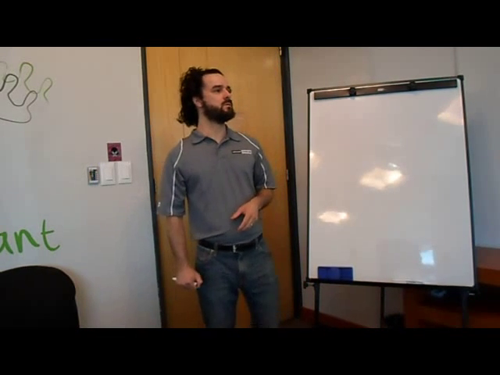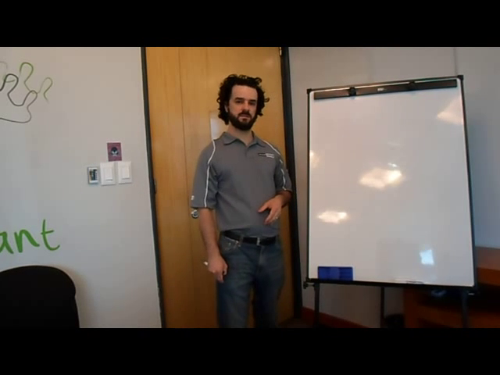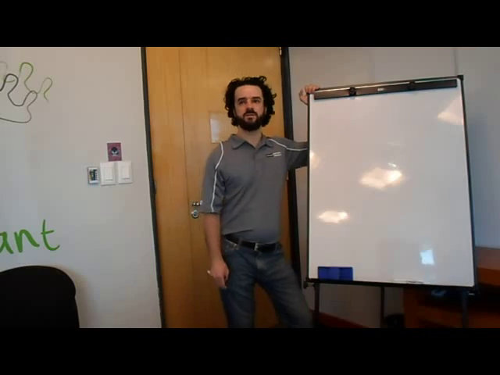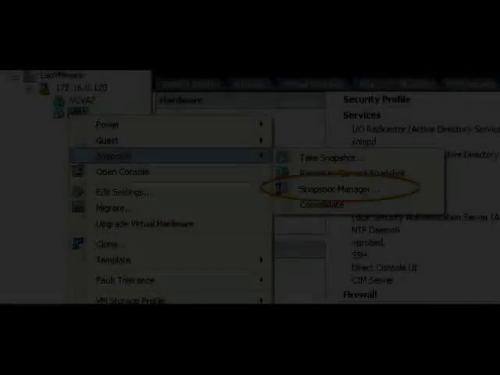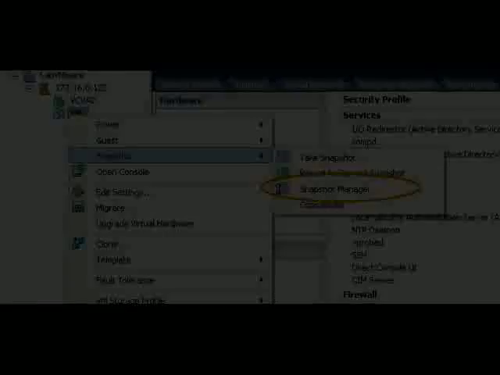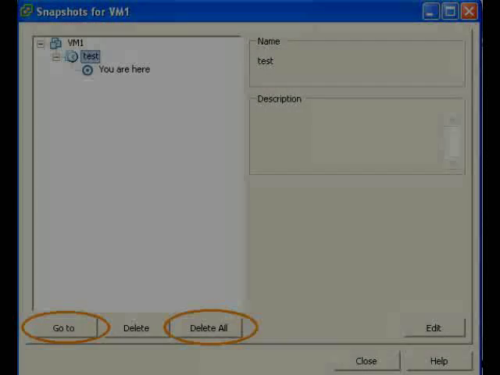After that, you can right-click again on the virtual machine, go to snapshot, and you have an option named Manage Snapshots, where you can see the snapshots that you have and go back and forward.